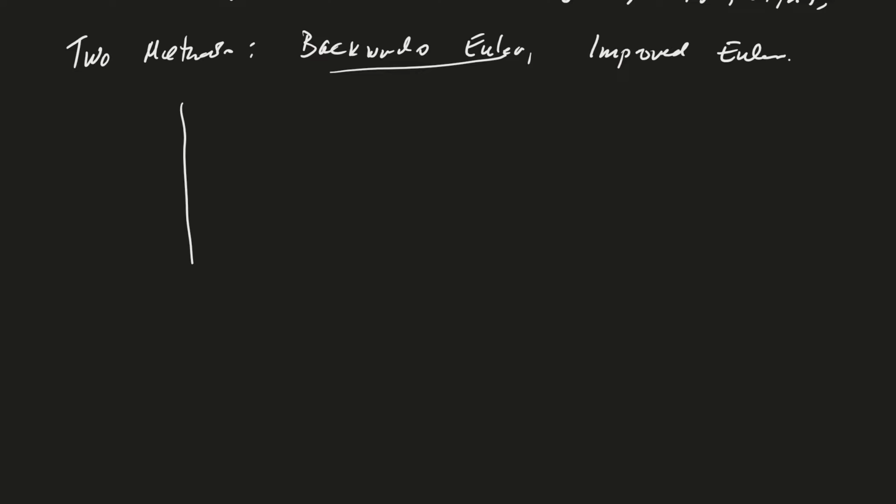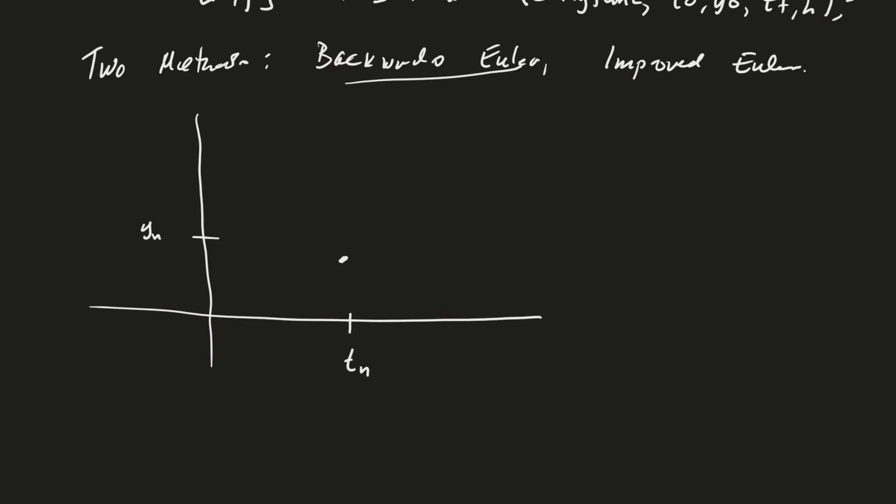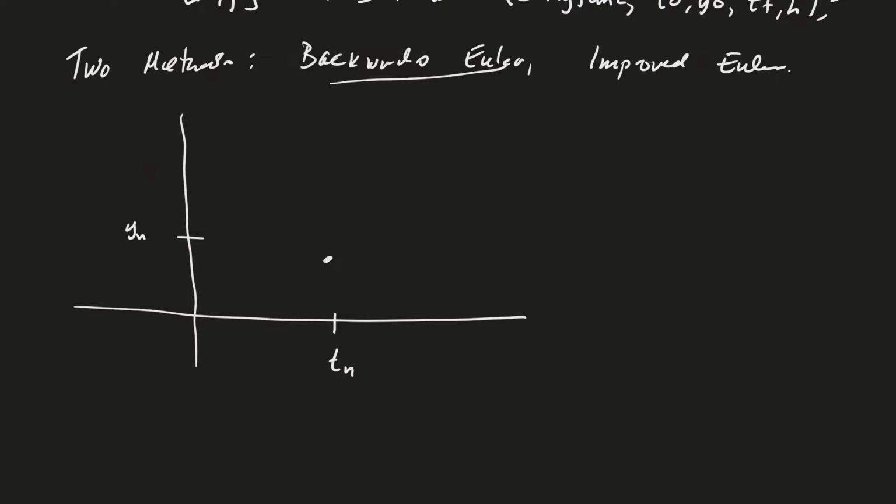And the idea behind backwards Euler is that we're sitting here at point Tn, Yn, and we're looking at using the derivative here at Tn to advance our solution.